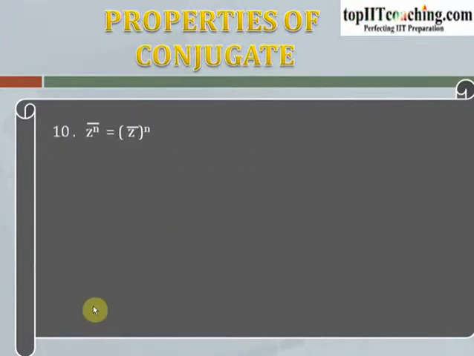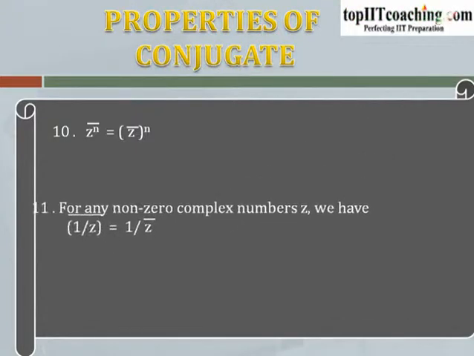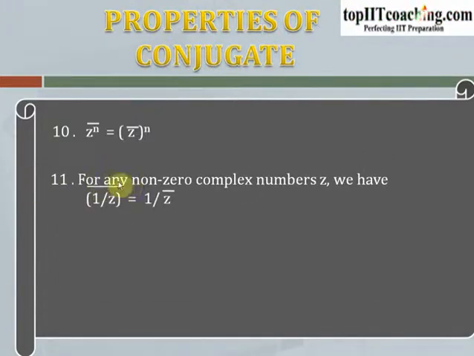The next is, the conjugate of z to the power of n is equal to z conjugate to the power of n. So this is also a very important property, that the conjugate of z to the power of n is simply equal to z conjugate to the power of n. The next is, for any non-zero complex number z, the conjugate of 1 by z is equal to 1 by z conjugate.